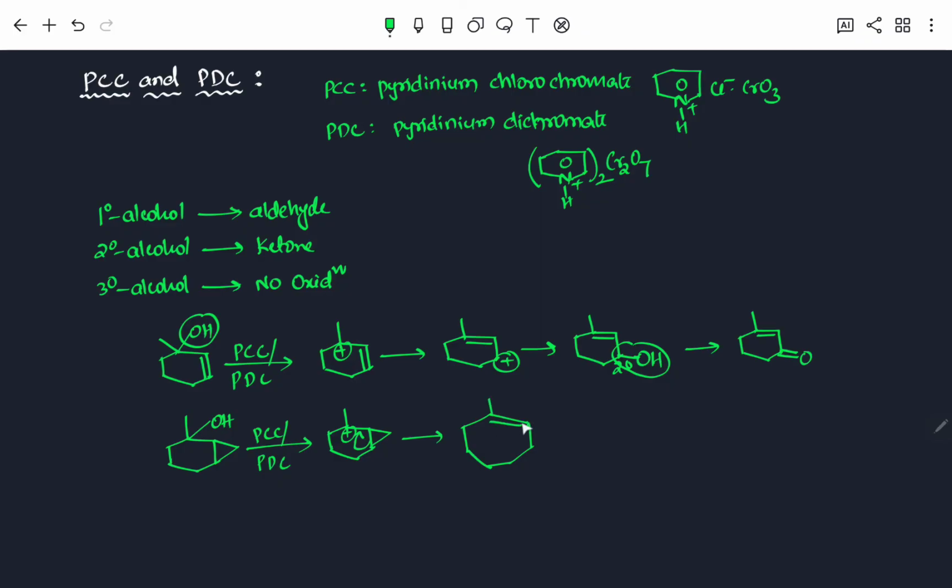So because of the ring opening, we get the corresponding structure like this. Now it converts into the corresponding stable C plus. Now it finally combines with alcohol. So tertiary alcohol converts into secondary alcohol. Finally, it gives the corresponding product, ketone. So initially the tertiary alcohol undergoes isomerization and converts into ketone.